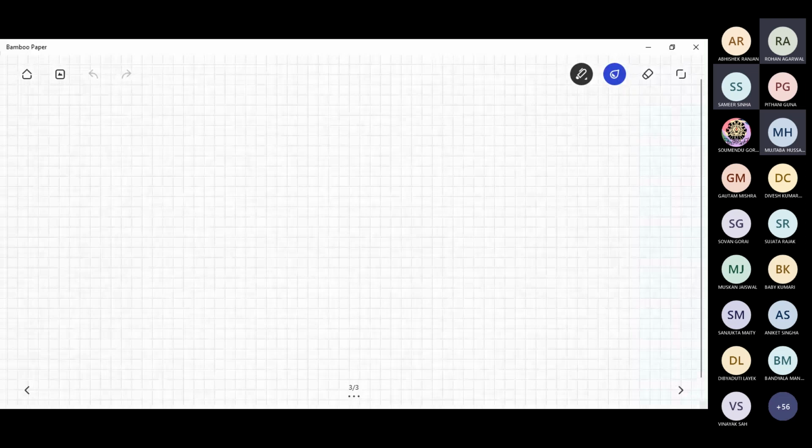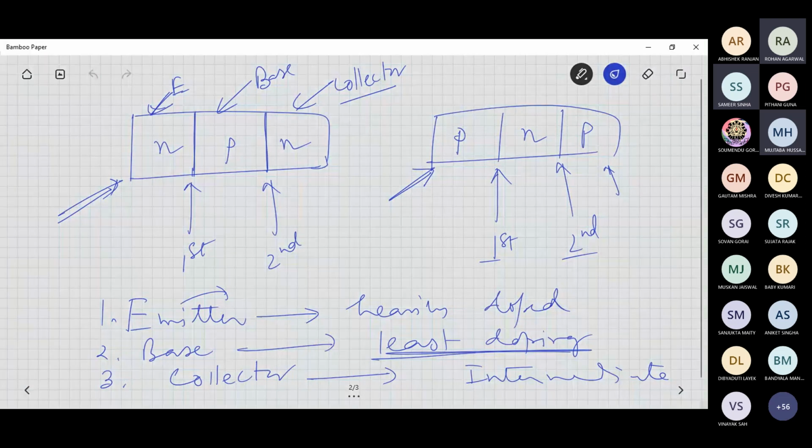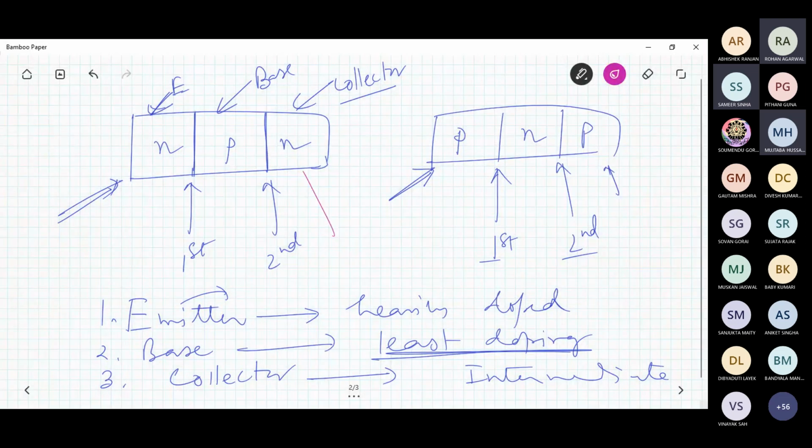The collector is situated on the other side. So this region is collector region. It will be on the other side of this emitter region. Okay, and the collector signifies that it will collect the charge carriers which emitter has supplied.